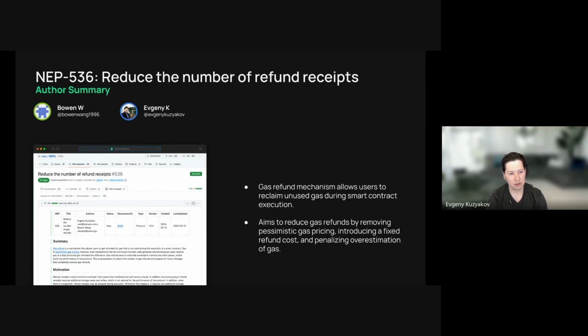So the second alternative was we introduce the cost of the refund in such a way that we penalize at most 5%, for example, of the remaining gas or some other parameter.